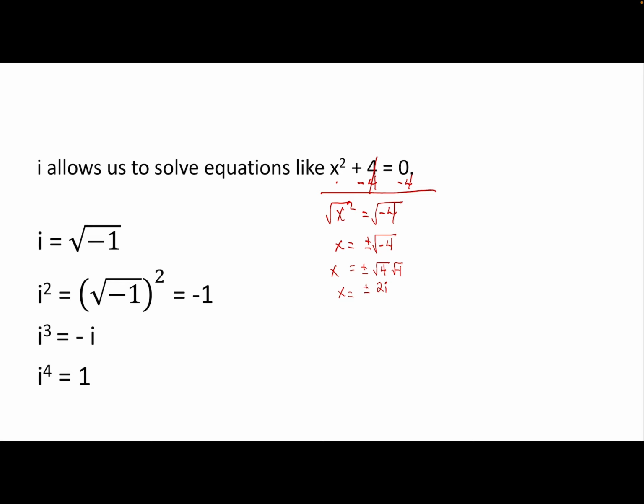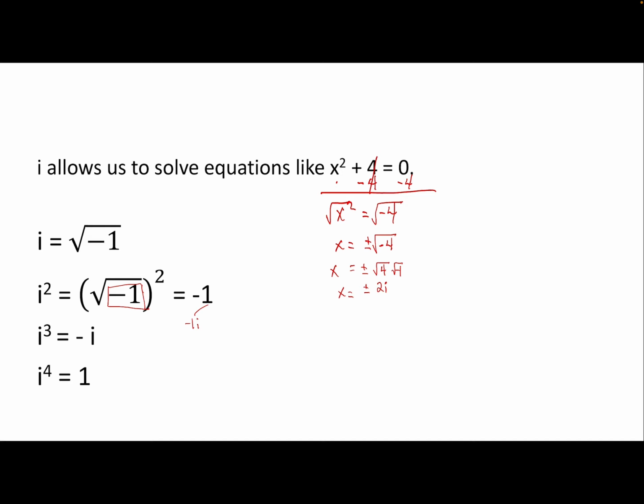If we take i times itself, i squared, we're taking the square root of -1 times itself, and when we square a square root, they're inverse operations, so our result is simply -1. If I want i cubed, I can take that -1 and multiply it by i again, and now I get -i.